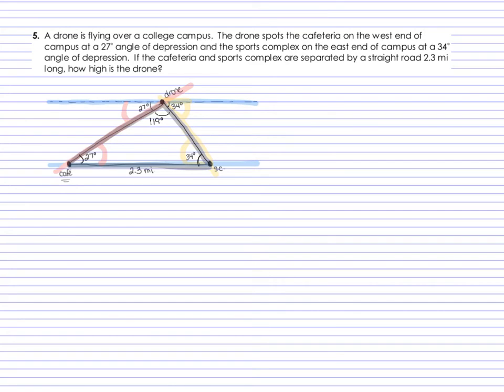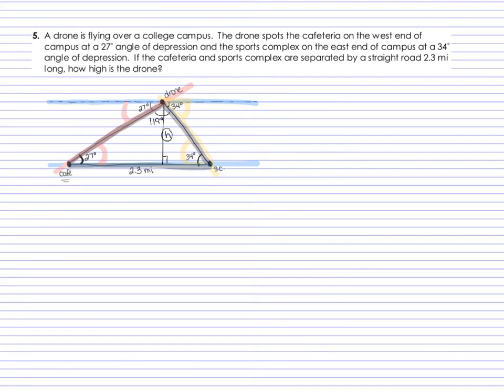So it says if they're separated by a straight road, how high is the drone? What we're looking for now is if we were to drop a perpendicular line to the base, we're looking for this height here. Now, there are a couple different ways of going about this. We know an angle. We're looking for a side.